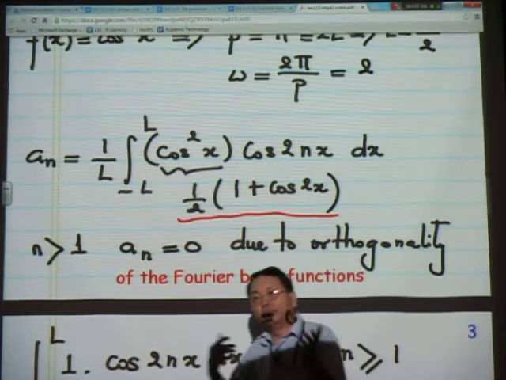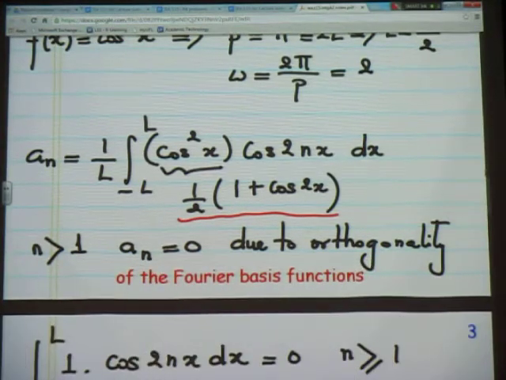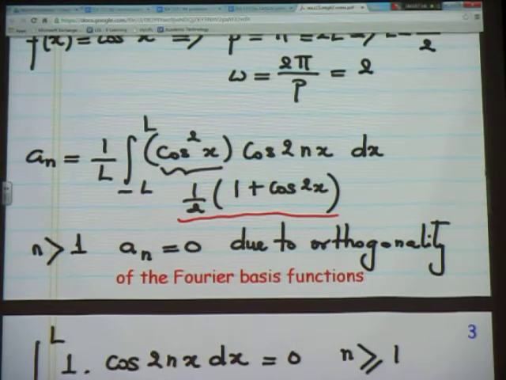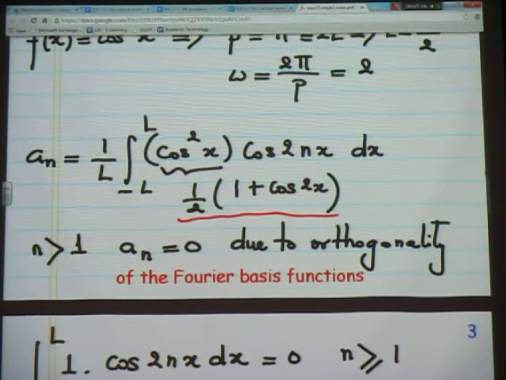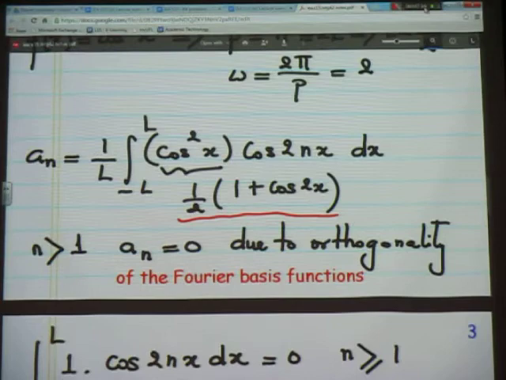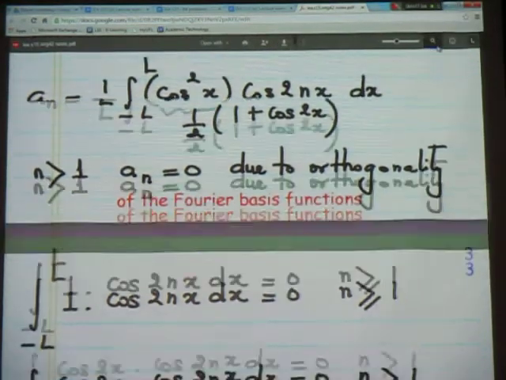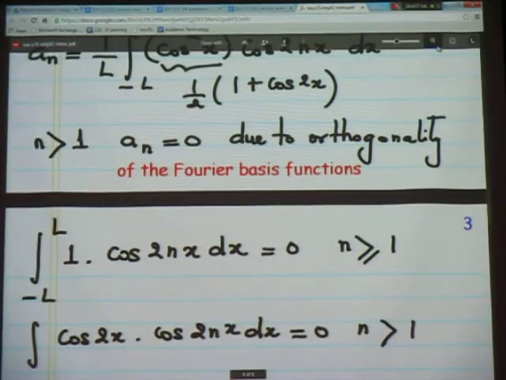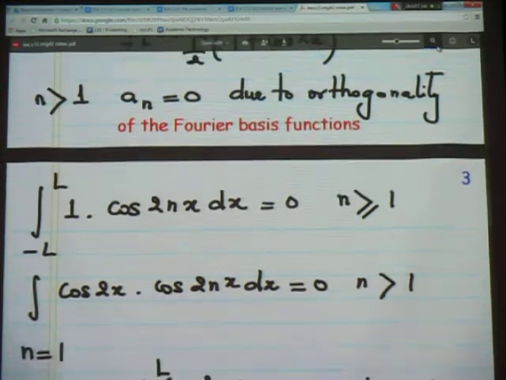Okay? So, but manage your time, that's what I'm trying to say, so that you can do as many questions as possible. Yeah, so this is essentially the orthogonality here.